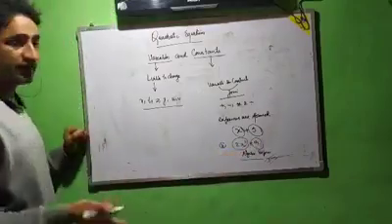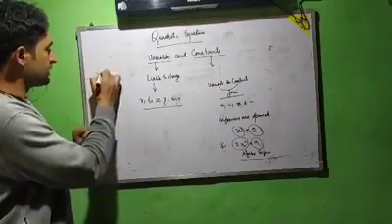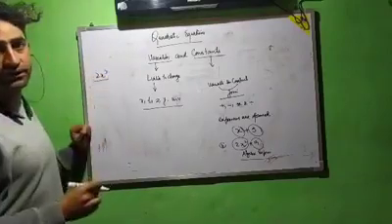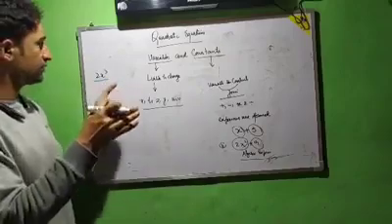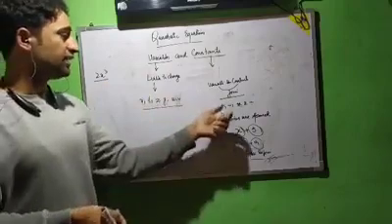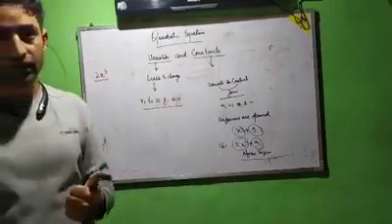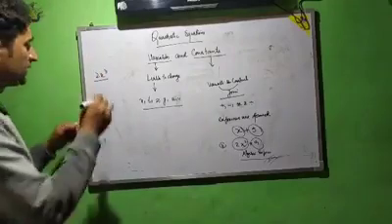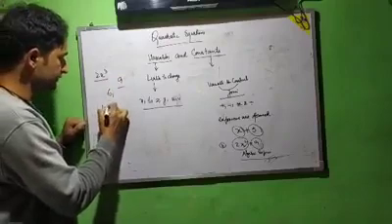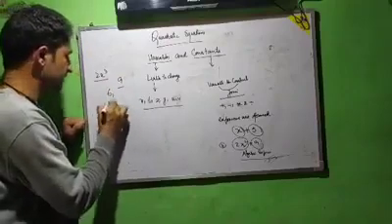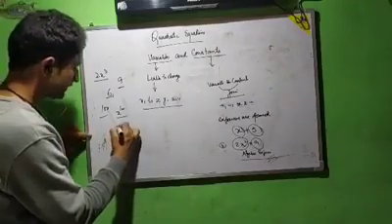For example, if an algebraic expression has a single term, suppose 2x power 3, it is a single term because it is not joined to another term by an operation, addition or subtraction. This 2 is the coefficient of the term and this 3 is the power of the variable. 6, 9, 100, x power 100, these are single terms. These single term algebraic expressions are called monomials.